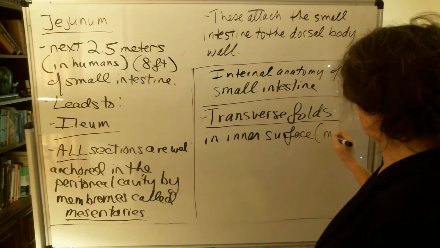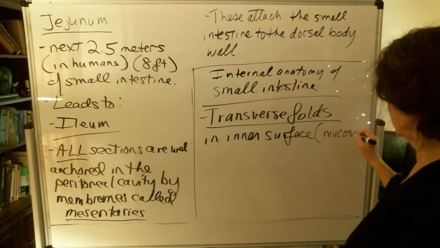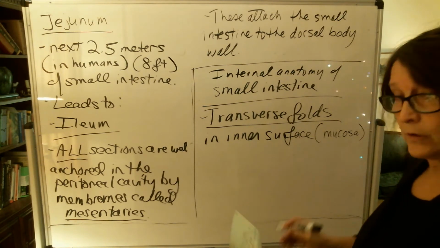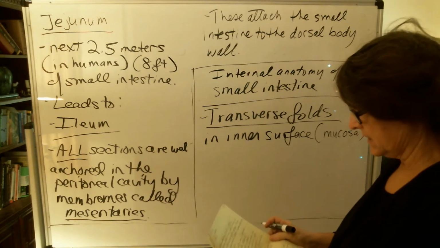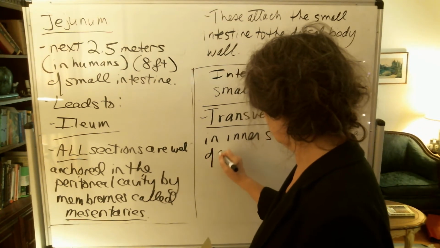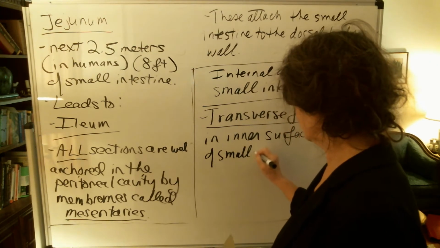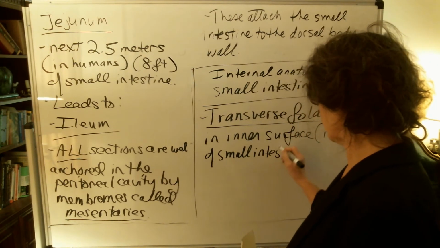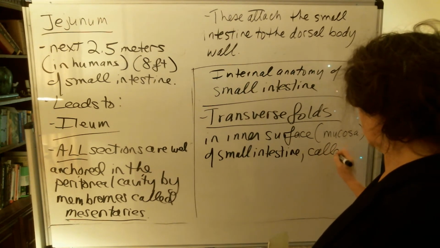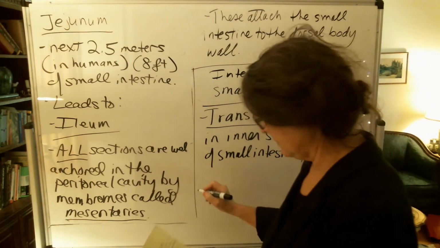So in the mucosa, remember that's the mucous membrane lining your small intestine. So we have these transverse folds in the mucous membrane of the small intestine. And these then are called plicae.